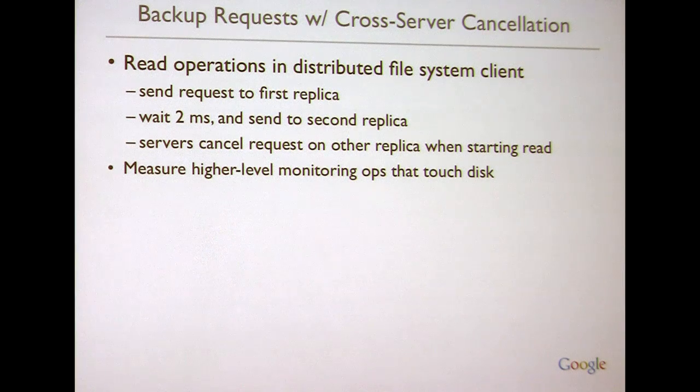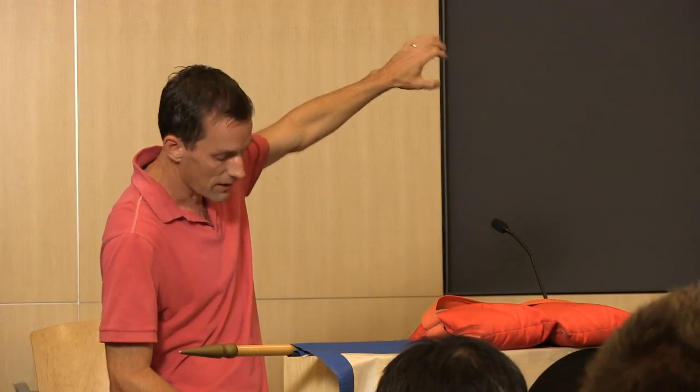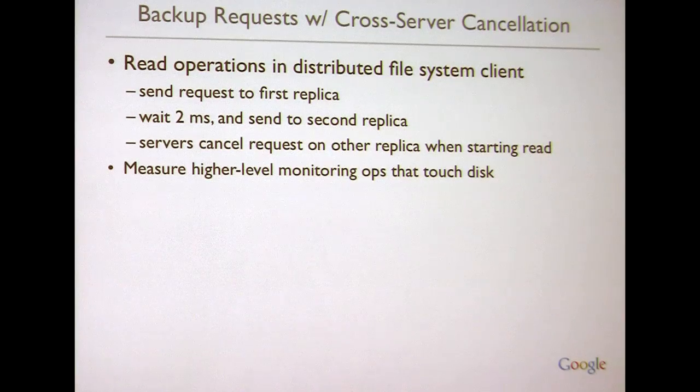And then the big table cell itself issues reads to distributed file system files. And so we modified our distributed file system, so if it has 3 replicas, it sends a request to one of the replicas. It waits 2 milliseconds, which is generally faster than you'd expect to get the response back from the first replica, sends to the second replica, and then the servers do this cross-cancellation UDP packet.